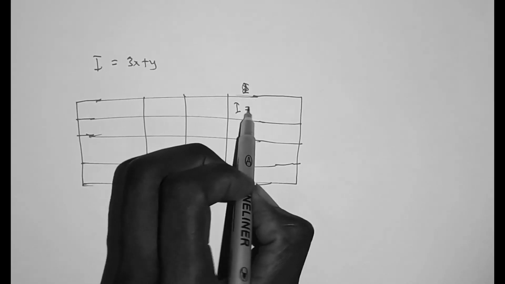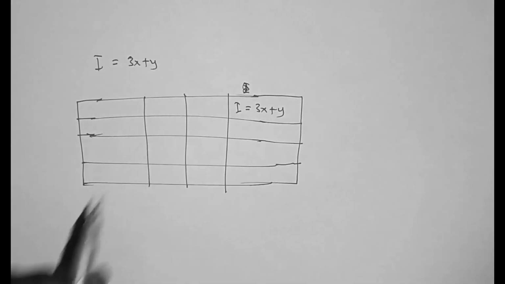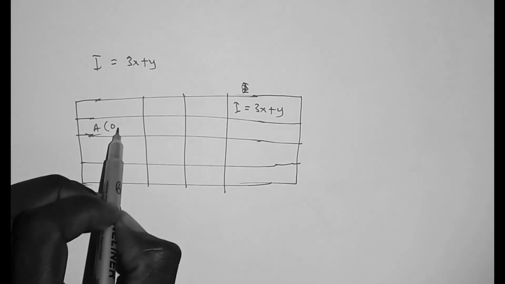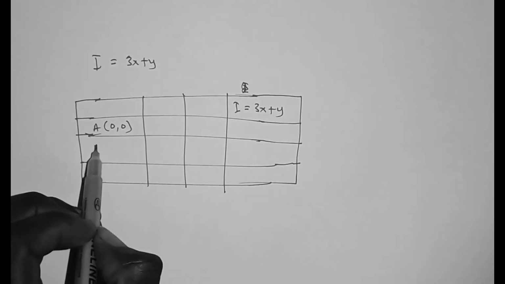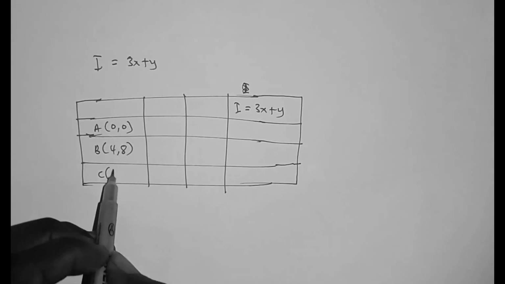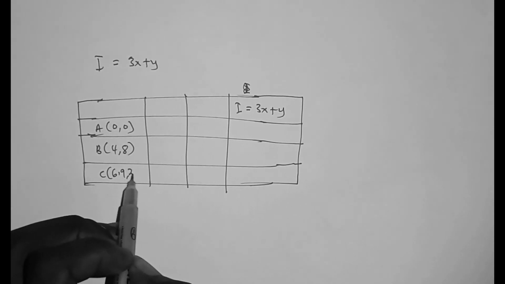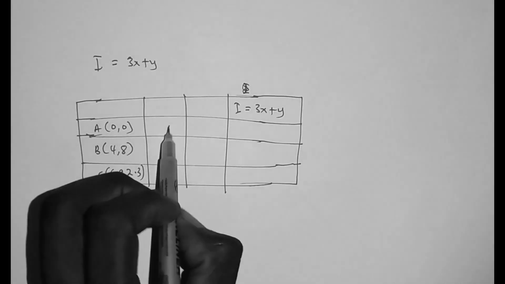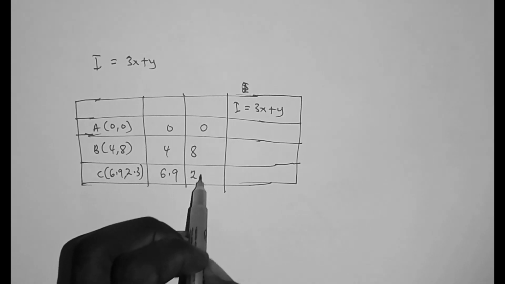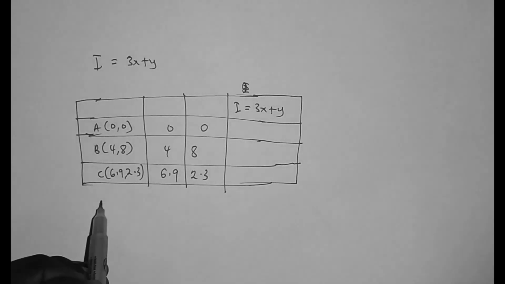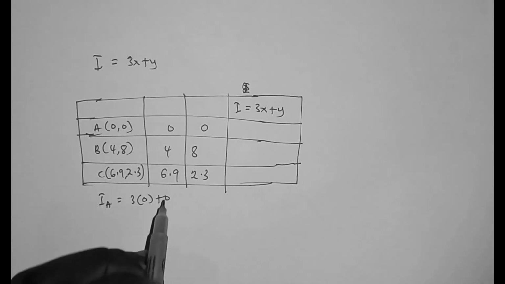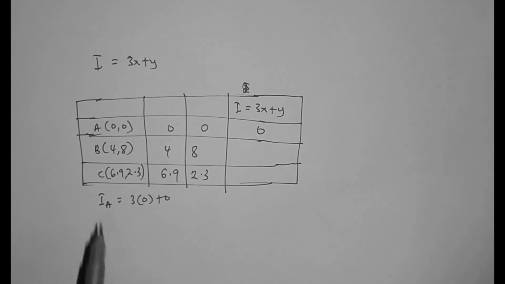I equals 3x plus y. Then the coordinate for A is 0, 0. The coordinate for B is 4, 8. And then the coordinate for C is 6.9 and then 2.3. So let's find I of A. It is equal to 3 times 0 plus 0, which gives us 0.